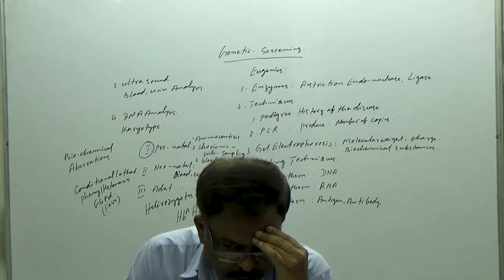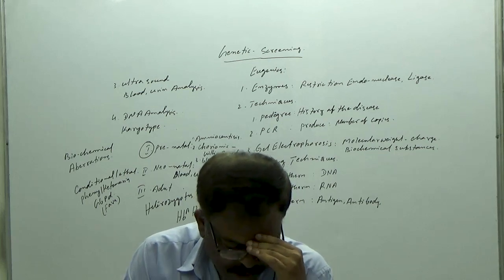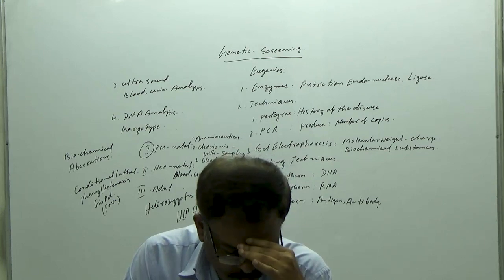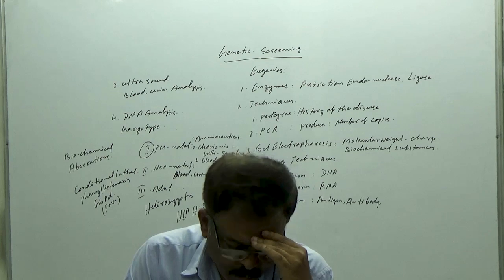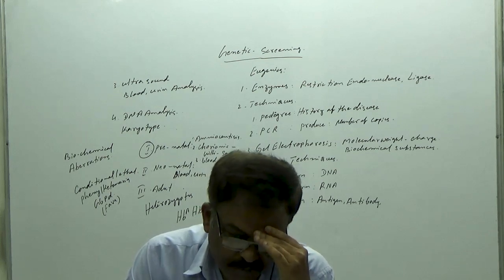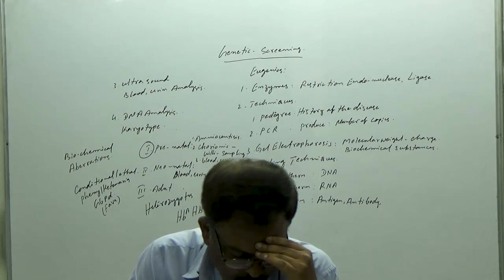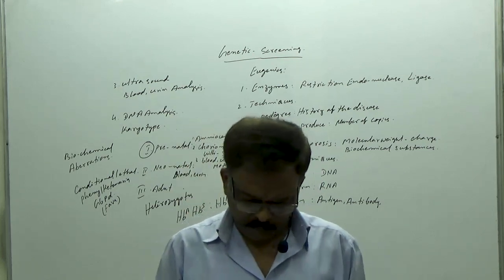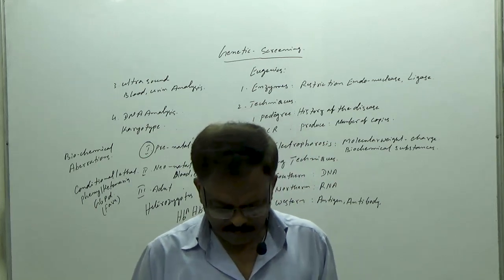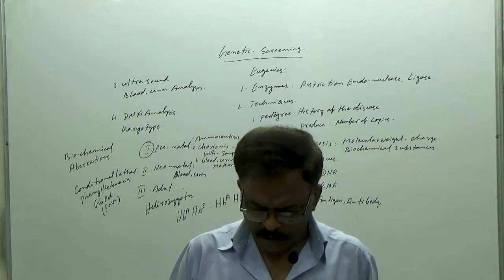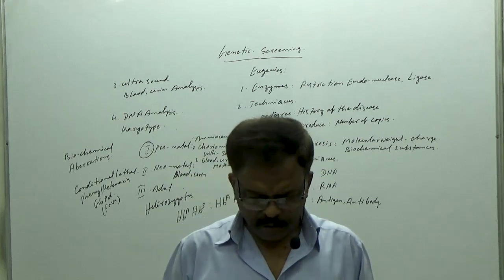If heterozygotes are diagnosed, the genetic counselor can suggest whom to marry and the risk factors. Example: sickle cell anemia, hemophilia. Is it? These are all heterozygotic, no?